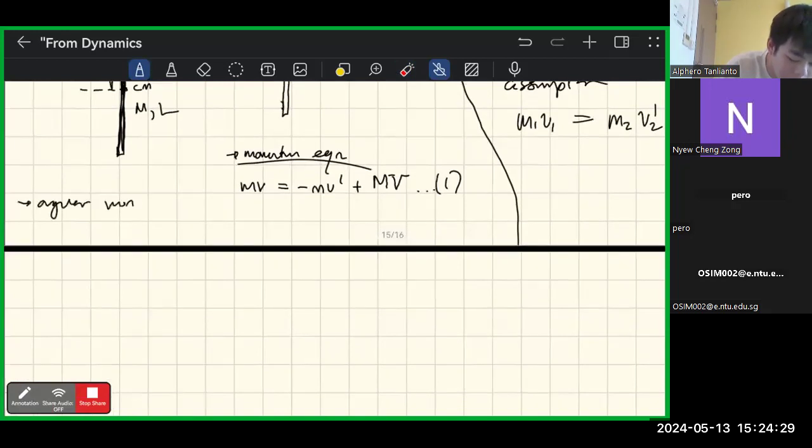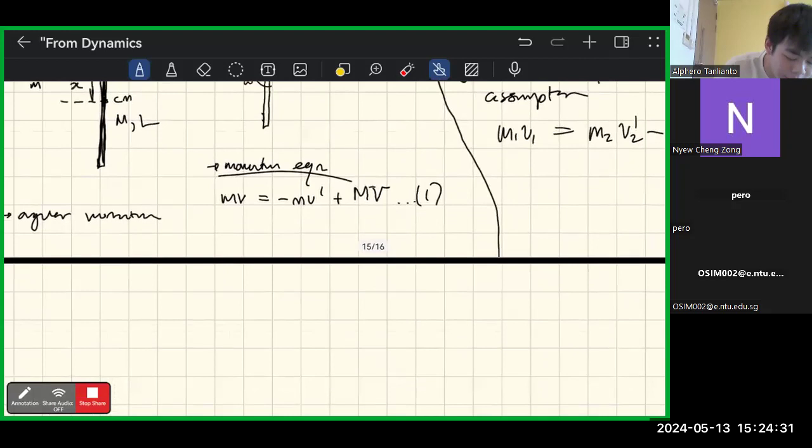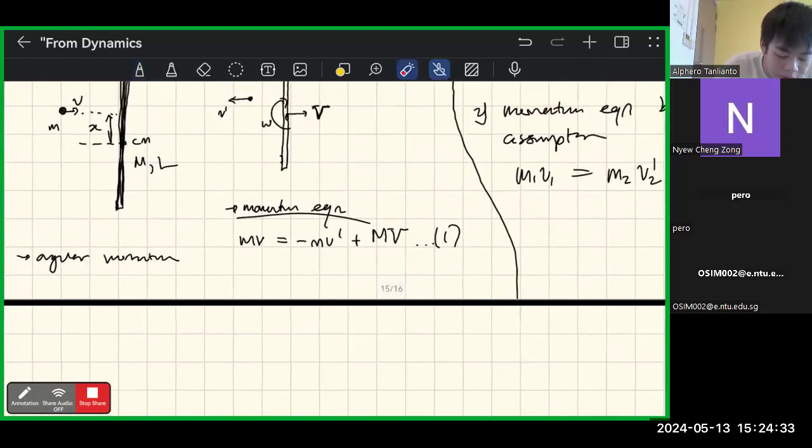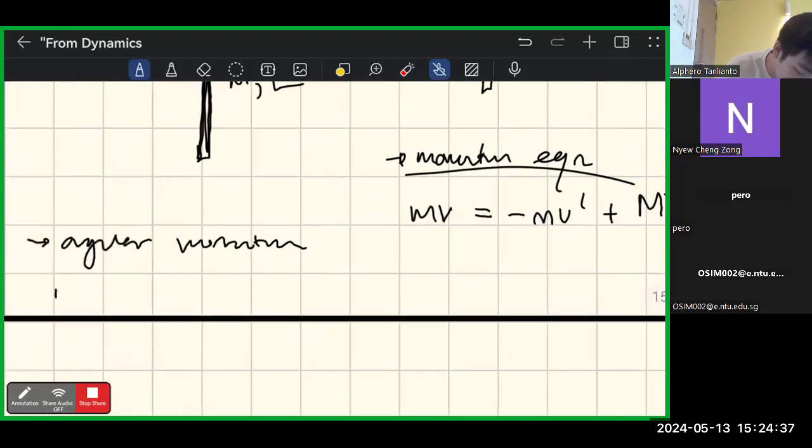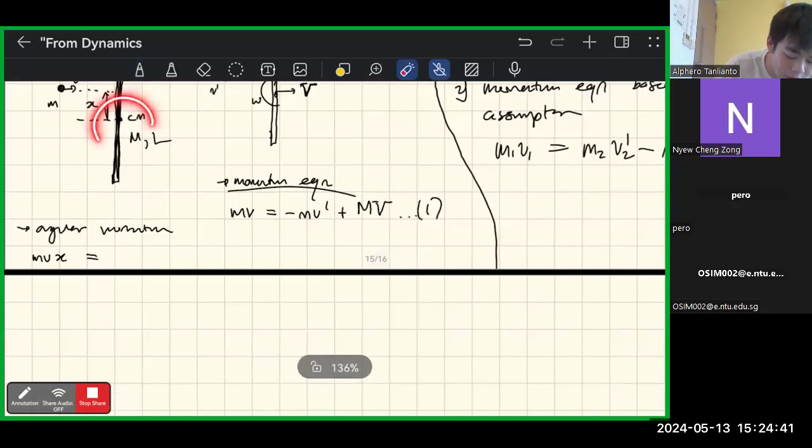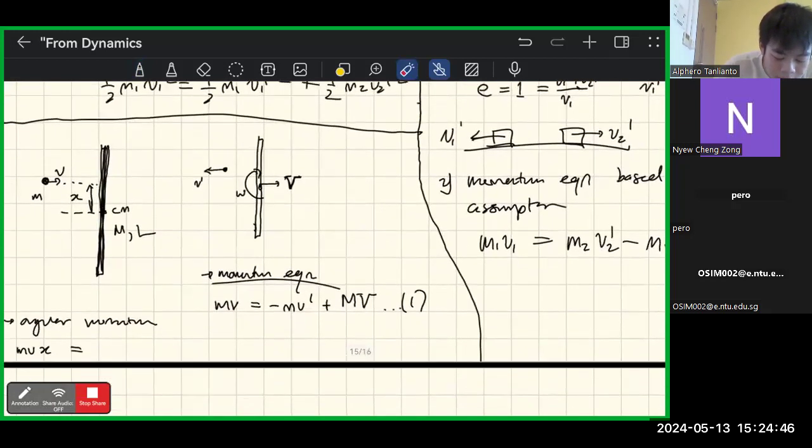Angular momentum, where at first it's mvx because v and x are perpendicular. Okay, mvx, it's rotating clockwise, so I just say that clockwise is positive. And after the collision, it's going away with the velocity of v prime, so it's like moving anti-clockwise, right?